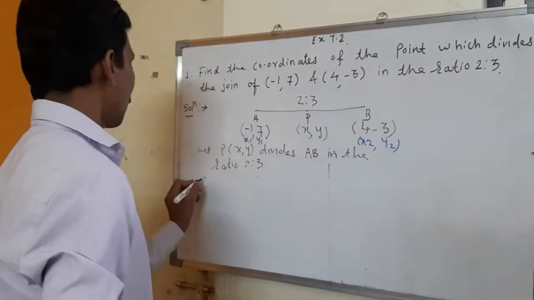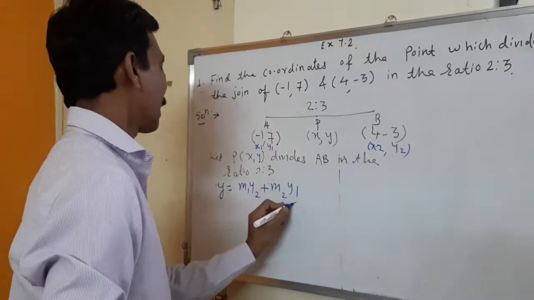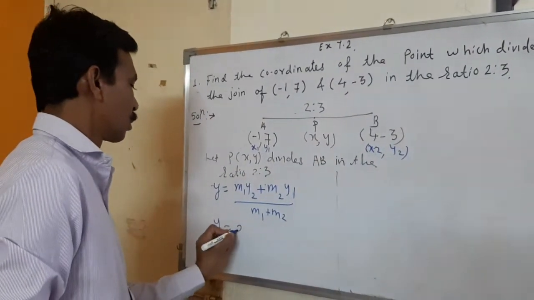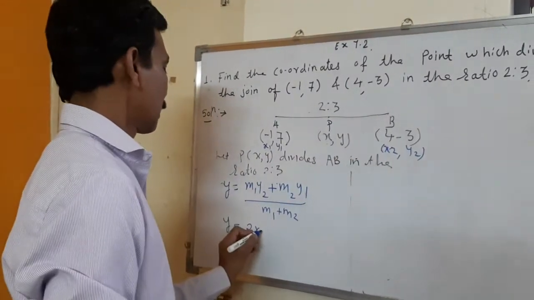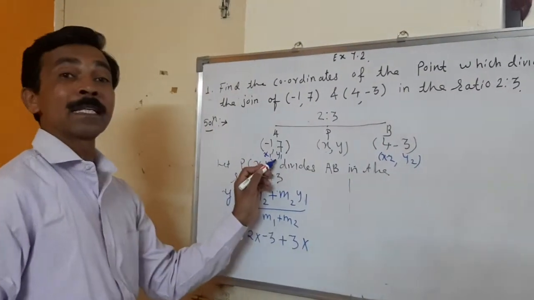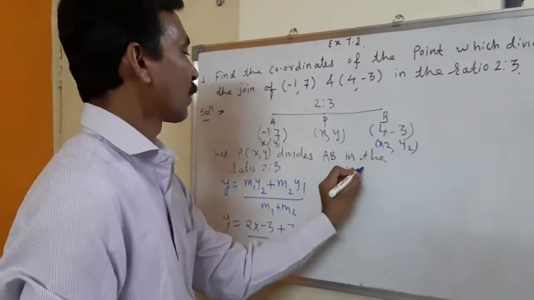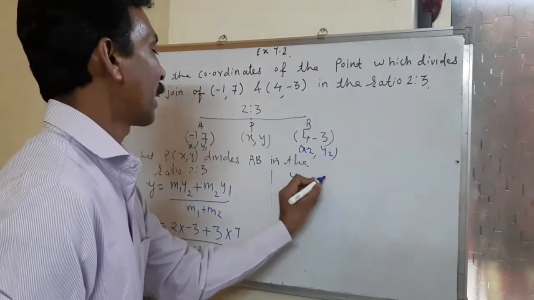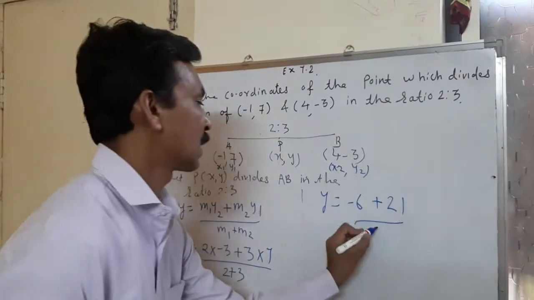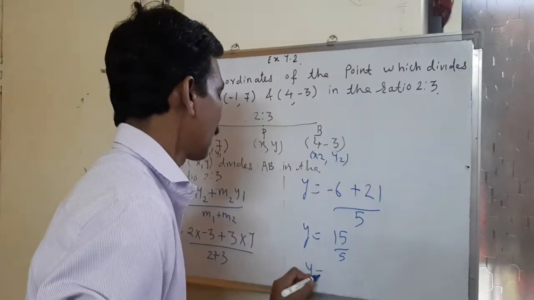What is the formula for the y coordinate? y is equal to (m1 y2 plus m2 y1) upon (m1 plus m2). y is equal to m1 which is 2 into y2 which is -3, plus m2 which is 3 into y1 which is 7, upon 2 plus 3, because m1 is 2 and m2 is 3. y is equal to 2 into -3 is -6 plus 3 sevens are 21 upon 2 plus 3 which is 5. y is equal to -6 plus 21 is 15 upon 5. y is equal to 3.